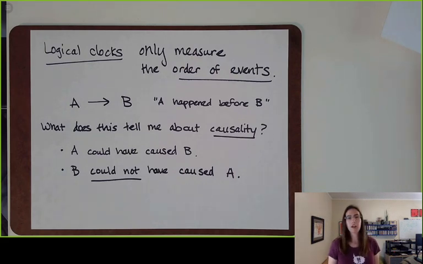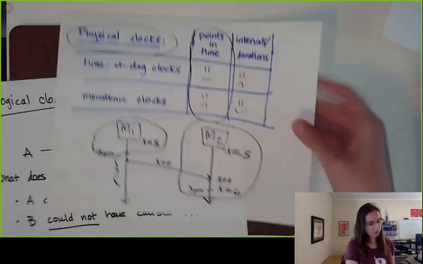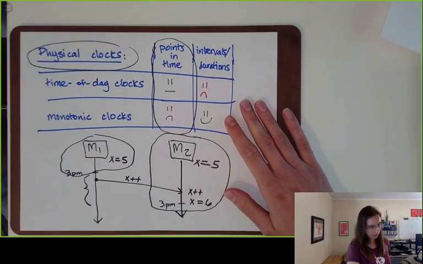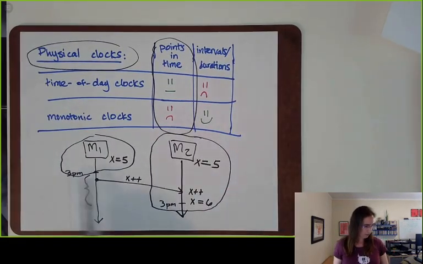Well, one way it could help us is debugging, right? Let's say that I'm looking at my distributed system and I have some sort of bug, like one machine thinks that X is 5 and the other machine thinks that X is 6. Well, it's helpful at that point to be able to look back at all the events that have occurred and try to figure out what may have caused X to be 6 or what caused X to be 5. So in particular, if we look back at this picture here, these time of day clocks weren't all that helpful to us, right?